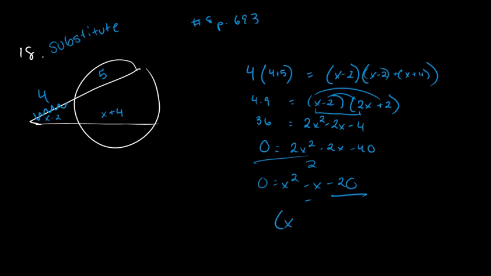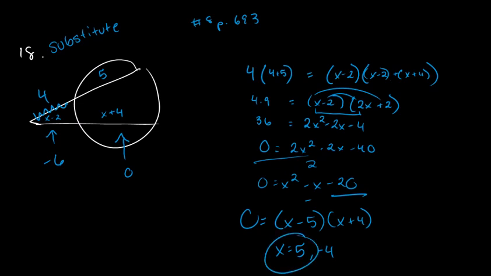And that would give me x minus 5, x plus 4, which would then make x equal to 5 and negative 4. However, if I plug in negative 4, I would get negative 6 here and 0 here, and that doesn't make sense, logically speaking, when we're talking about length. So then x equals 5 would be my only answer for that.